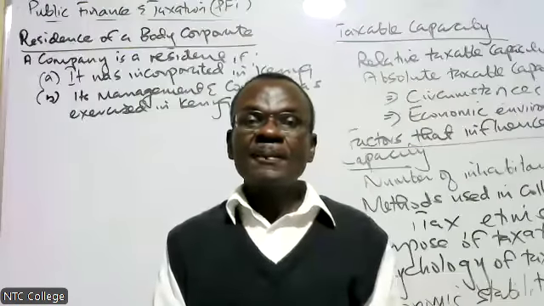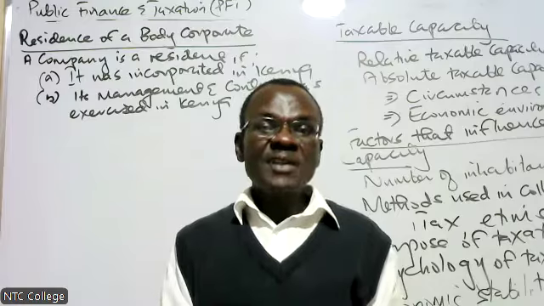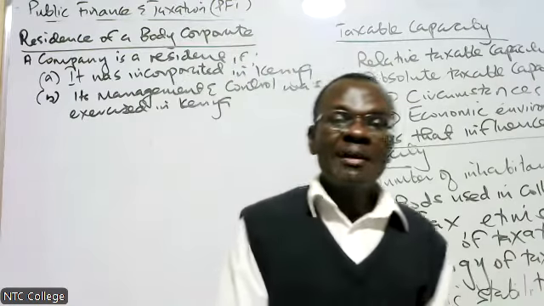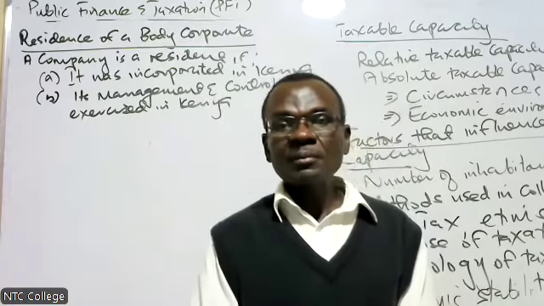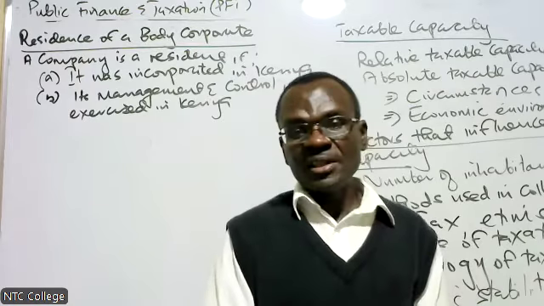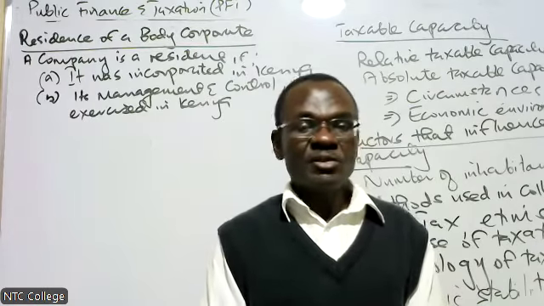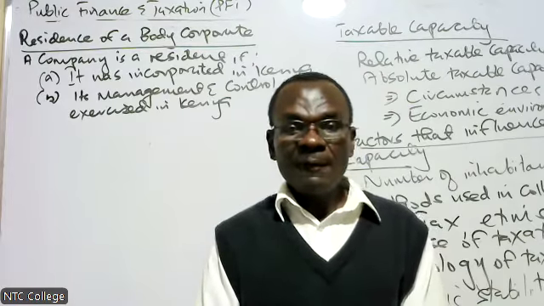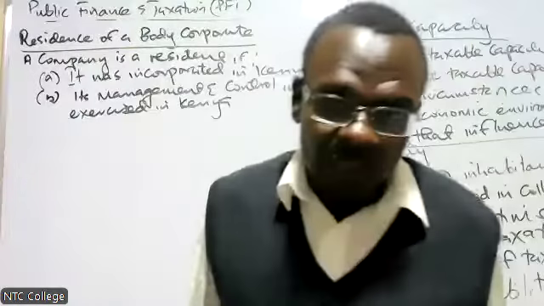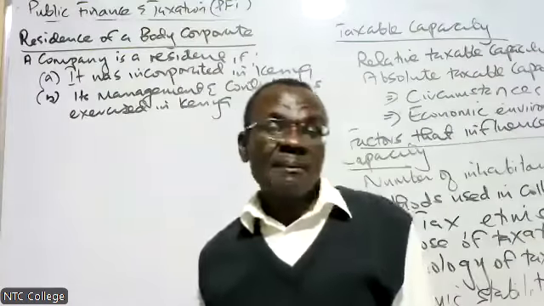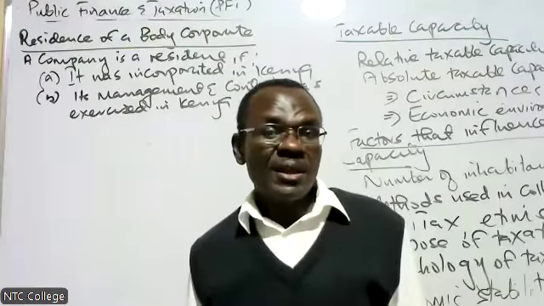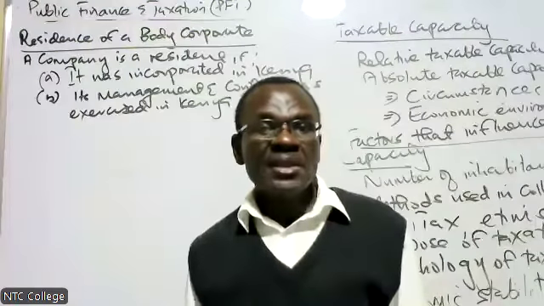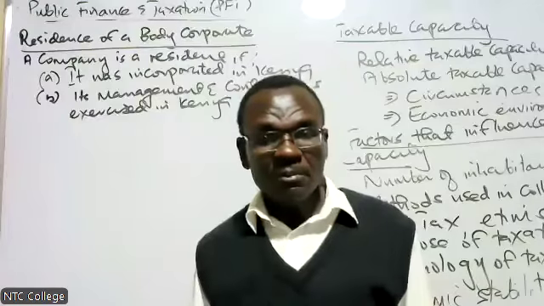It was easier before COVID, and now after COVID, people can even have remote meetings. You can have a board without anybody traveling. So some board members could be in South Africa, some other board members could be in Kenya, other board members could be in a different country, yet they're having a board meeting. I think the court will look at the merits of the case and they will decide where the control is being exercised. But control means the management and control is being exercised from Kenya.